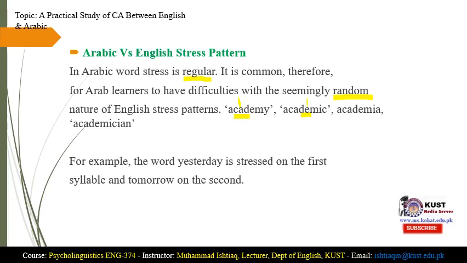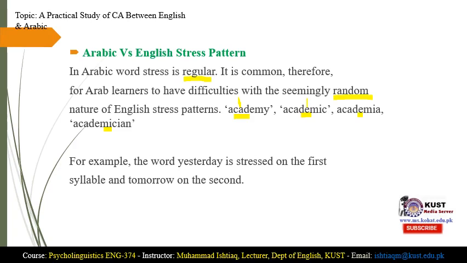And look here again, it becomes academia. So again, it's on the third, but there's longer duration for the third syllable compared to the second word. And here it just changes to the fourth, academician. So this is the same word, right from academy to academic to academia and to academician.